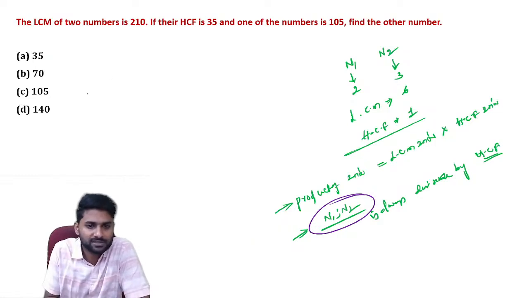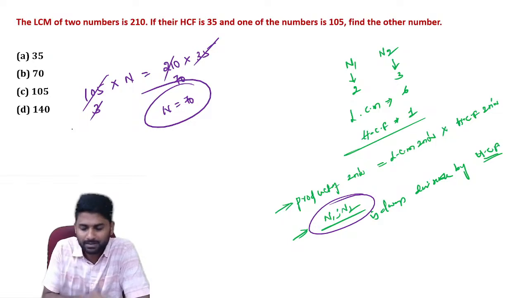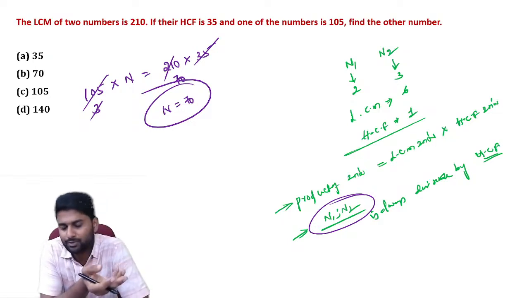According to the formula here, see, if one number is 105, find the other number, and the LCM is 210, HCF is 35. 35 goes exactly 3 times, 3 goes exactly 7 times, definitely, and the value is 70. But sometimes you can go for the cannot be determined option also. When will we choose that option?